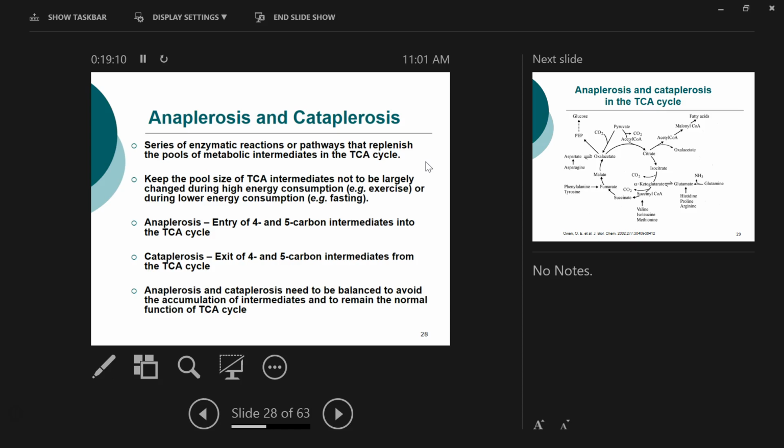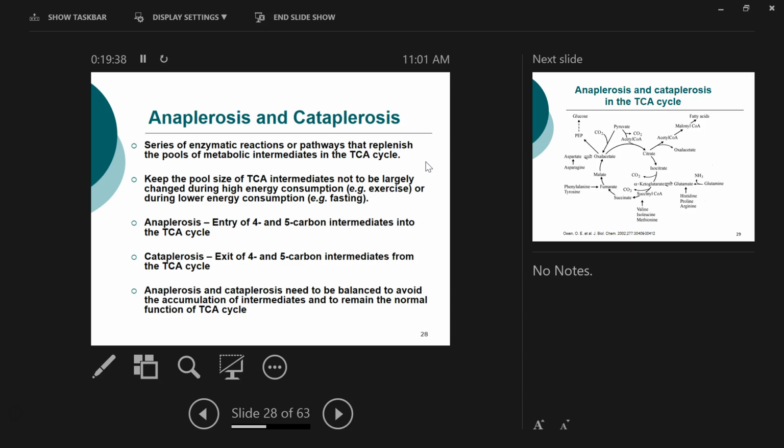So this is just the general idea, and specifically the anaplerosis reactions are the reactions that can add intermediates into the TCA cycle, right? And cataplerosis reactions are the reactions that can take the intermediates away from the TCA cycle, right?